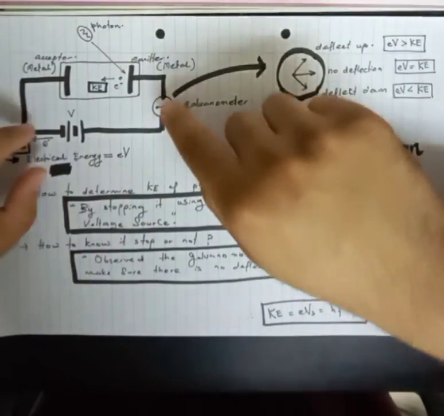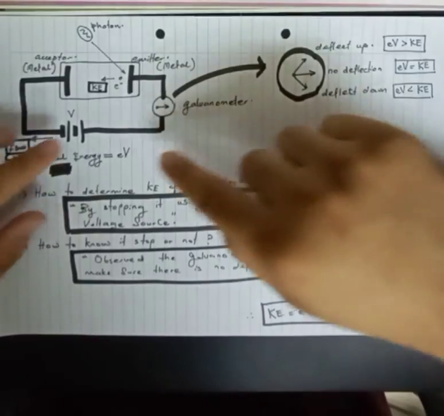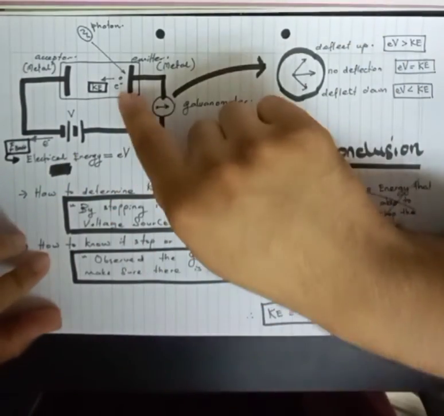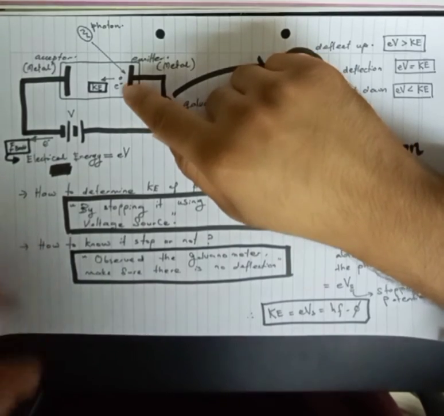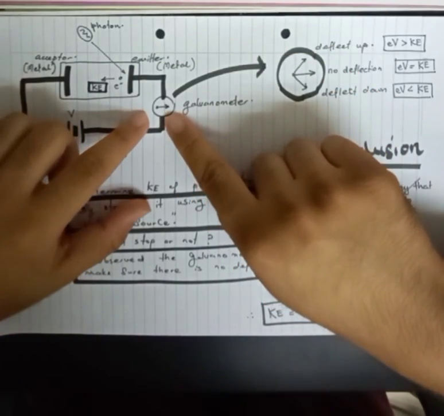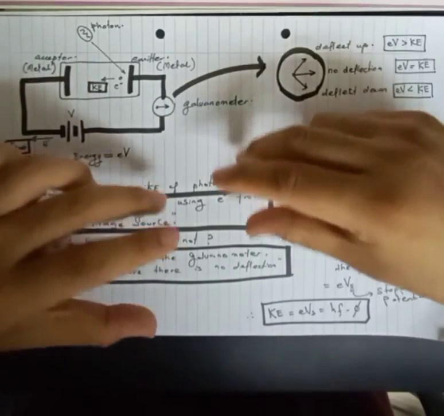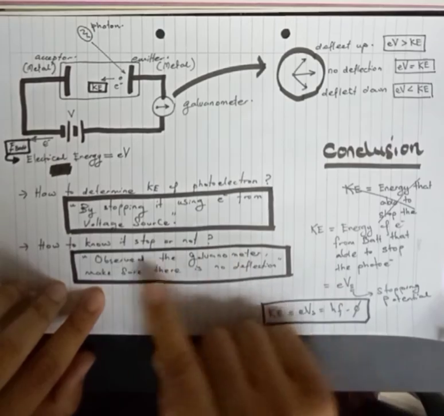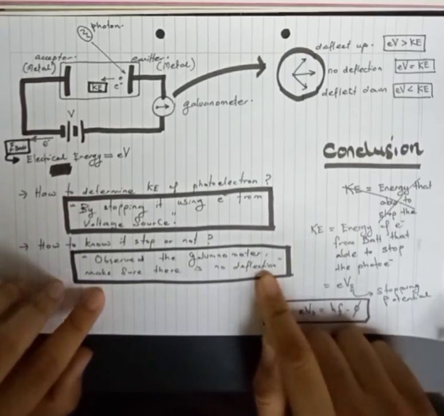That means there will be no current flowing in the circuit. So to know whether this electron has stopped or not, we need to make sure that the needle of the galvanometer does not deflect up or down. Observe the galvanometer and make sure there is no deflection.